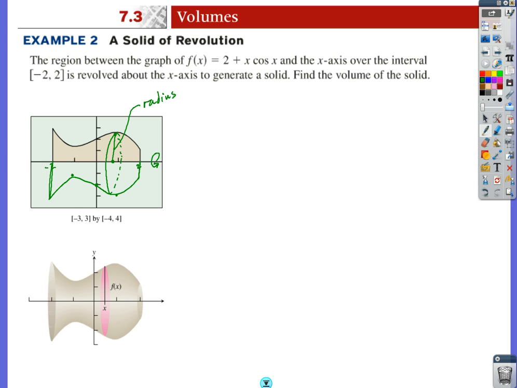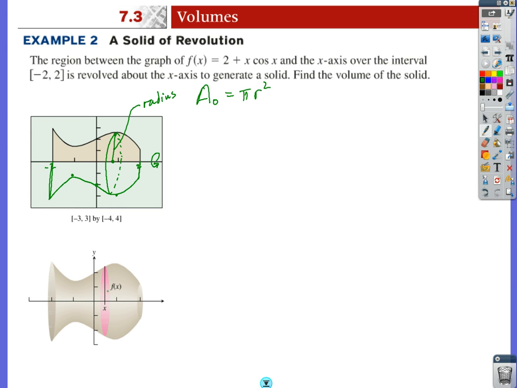And so when I'm finding my area, I need to think: the area of a circle is equal to pi r squared. If you need some help visualizing, down here I have a little graphic of that. Here you can see the little disk where this is my radius.